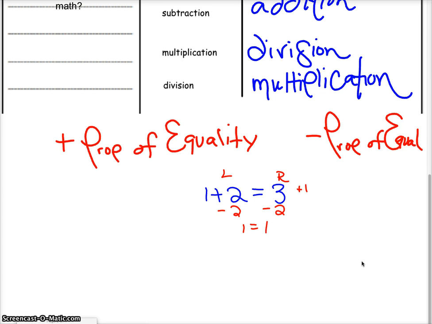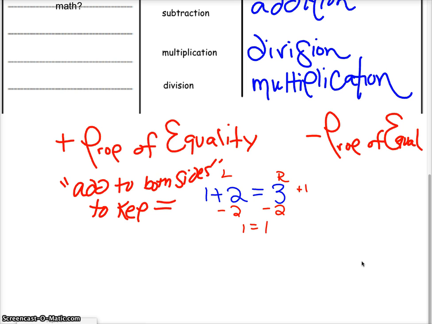And all these say is if you add something to one side, then in order to maintain that equality, you have to add it to the other side. So, just to put it in blunt form, add to both sides to keep equal. And this is subtract to both sides to keep equal.